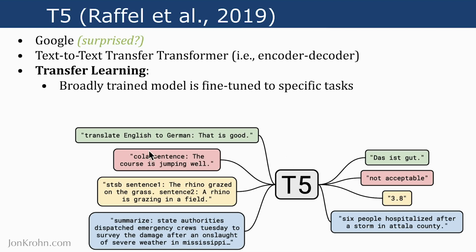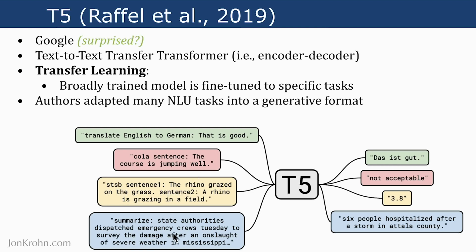We have a number of examples here, like translating English to German, assessing whether a sentence is acceptable or not, assessing semantic similarity between sentences, and summarizing. I actually have a code demo coming up right now to allow us to try all of these different kinds of examples with T5 out of the box.